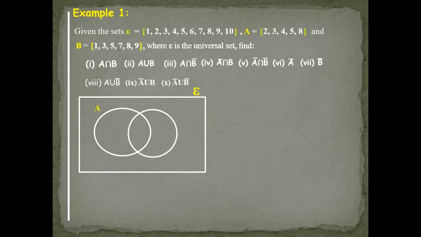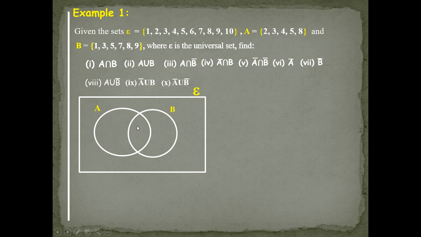So you have set A, set B. When you check the information that we have here, some elements are in A at the same time in B. Those elements that are in A and at the same time in B, we shall include them in this region of intersection. And you can observe that here we have 3, 5, 8.